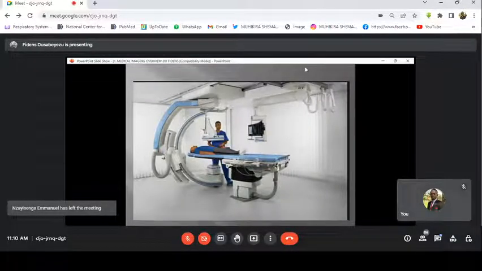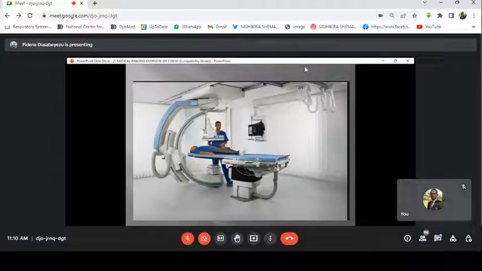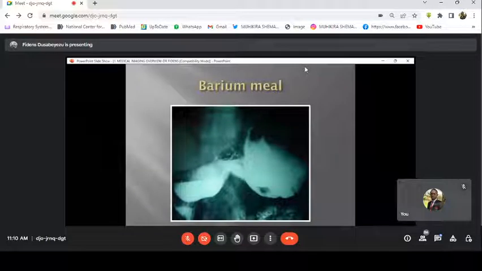All right, so when you come for rotation, you will see these machines and remember that I have shown them in class. Like for example, this is a barium meal. Can you see? I know the esophagus coming up. This is the stomach, the fundus of the stomach, the body of the stomach, the pylorus at this level.